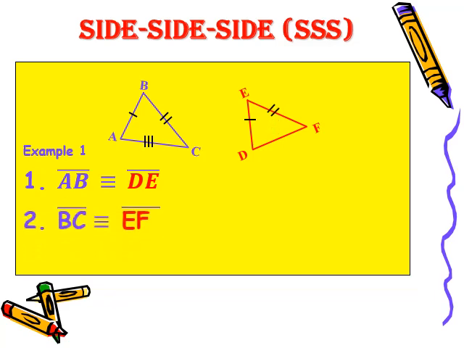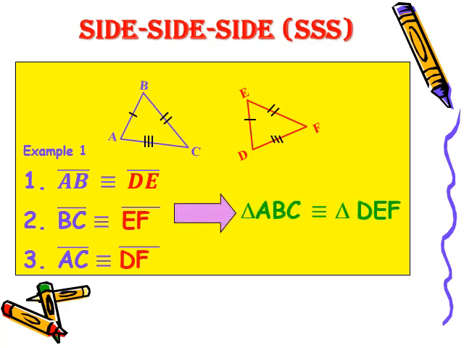Number 2, BC congruent to EF, then BC equals EF. Number 3, AC congruent to DF, then AC equals DF. So we can say that triangles ABC and DEF are congruent.